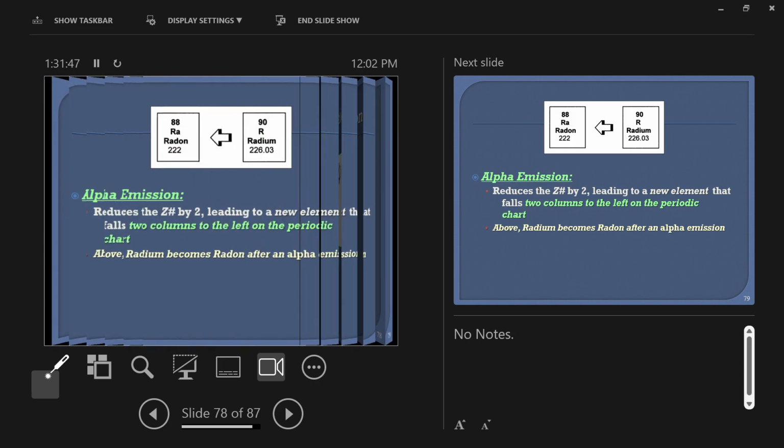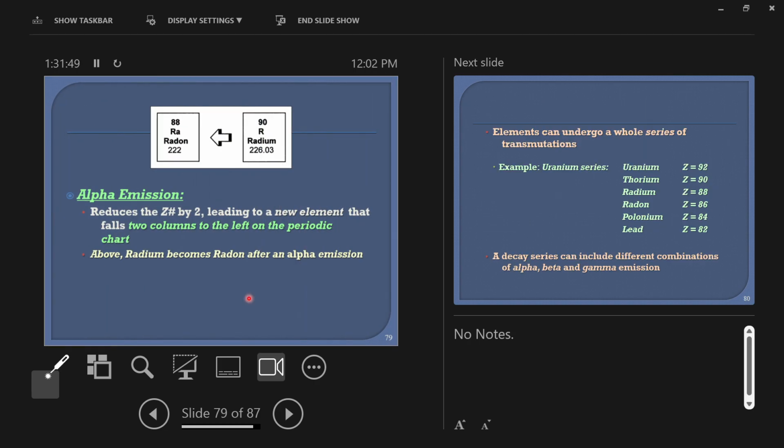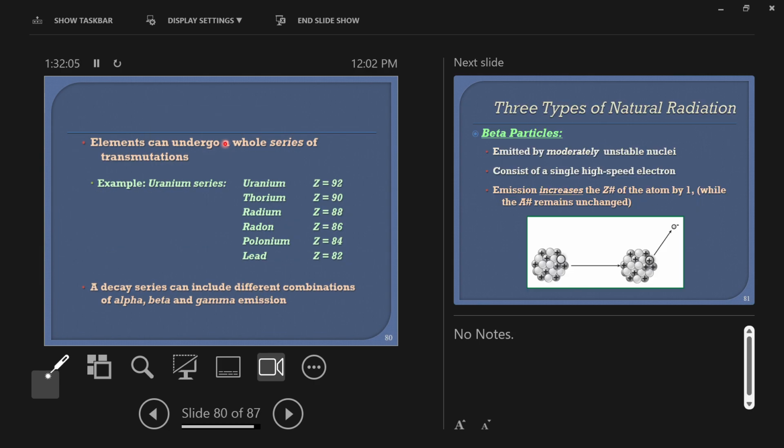An example given here is, this is a normal decay process, transmutation process. Radium of 90 goes to radon of 88 by emitting an alpha particle. Elements can do a whole series of transmutations until they get stable. Remember, the whole goal is to get stable, right? So uranium emits an alpha particle and goes to thorium.